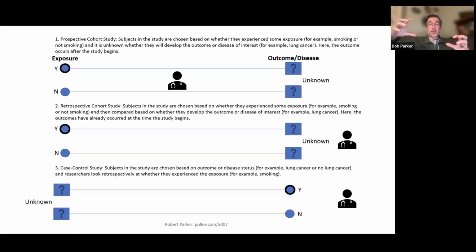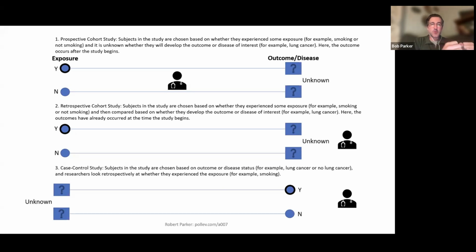So if you are thinking about a question and you are starting with the exposure and you're following patients until they do or they do not develop the outcome or disease, that would be a prospective cohort study. So research subjects are chosen based on whether they've experienced some exposure.